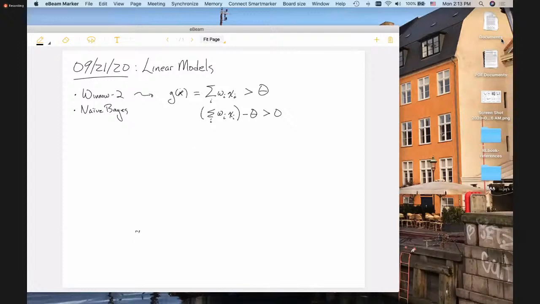And you may recall that one of the issues that you had to deal with when you were learning Winnow was tuning that threshold theta. Well, what we're going to see before this unit is done is that you actually don't have to tune theta. You can learn it directly. And one of the observations that we're going to make is that this theta is really just another weight that we can denote W0.